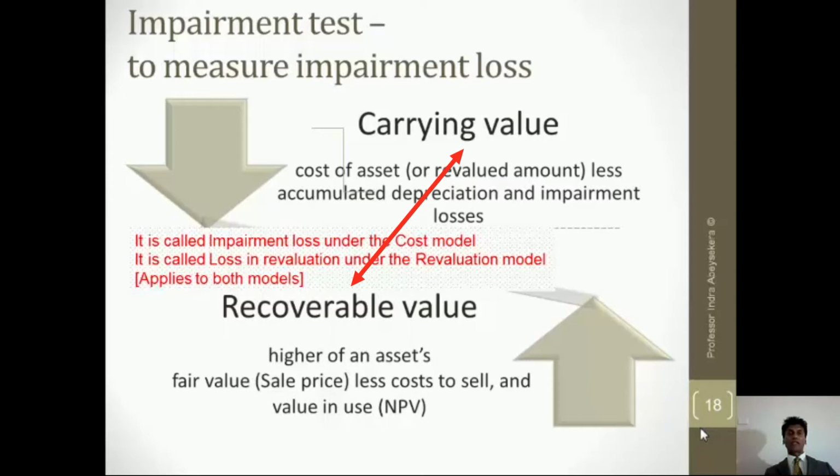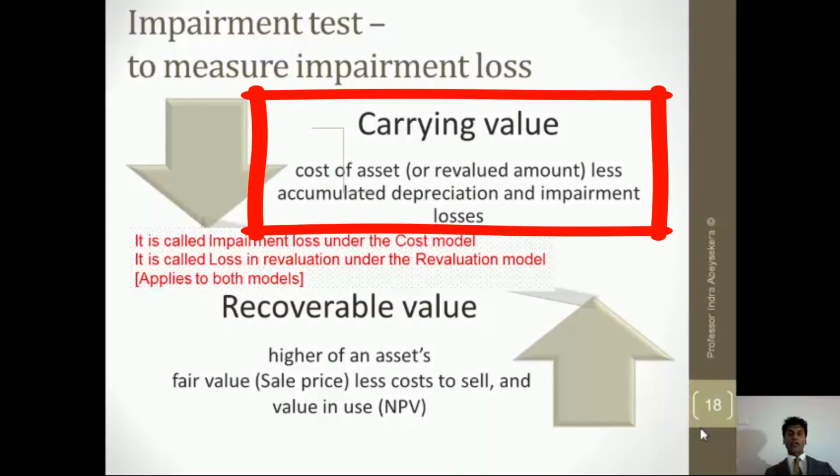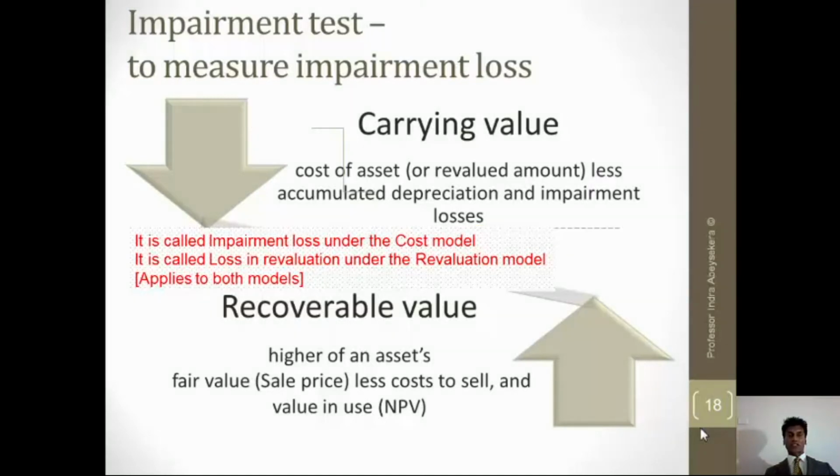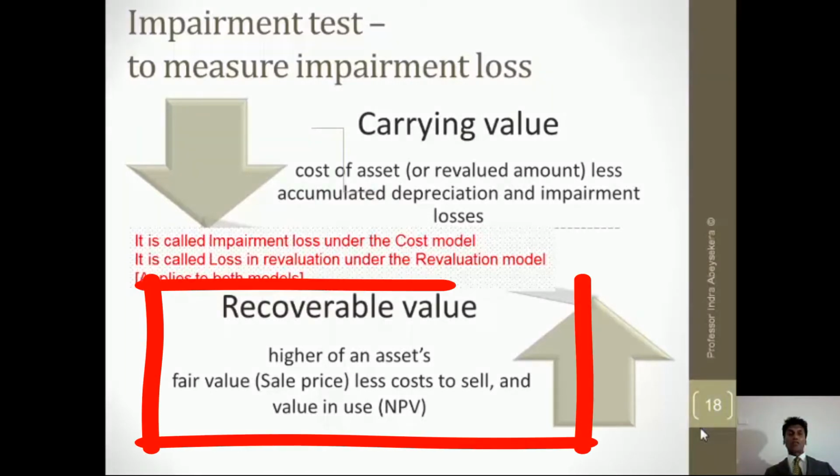What we mean by carrying value is the cost less accumulated depreciation and accumulated impairment losses. That is the carrying value of the asset. That should be compared with the recoverable value of the asset.